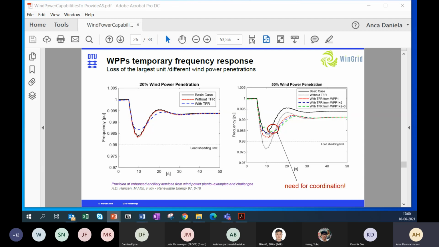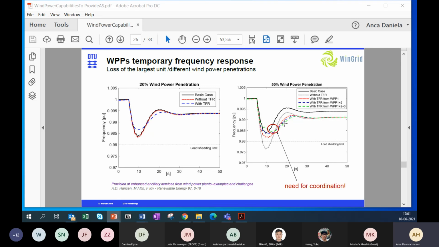First we had it in the first one only, in red. Then we put it in two wind power plants, and then three wind power plants had this capability. The conclusion is that by just having more and more capabilities, so that all the wind power plants have this capability at the same time, it doesn't mean that the performance gets better.